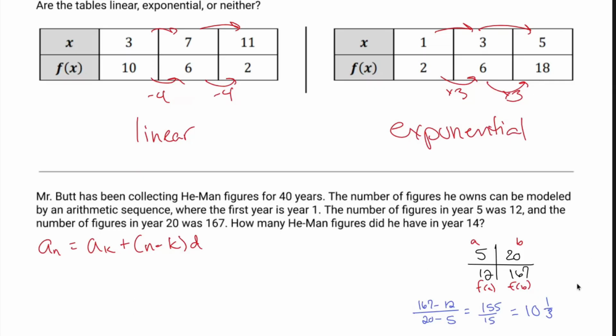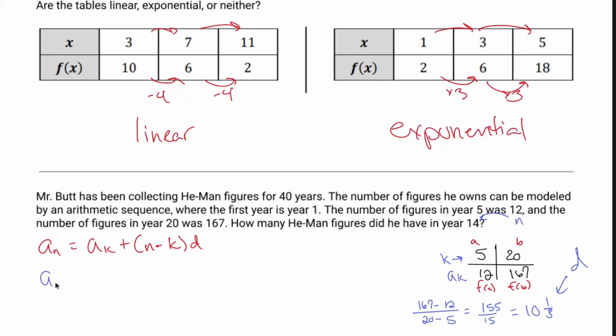Okay, well that's the common difference. So we can let u then be a sub k, and then the common difference, and n is going to be 14.